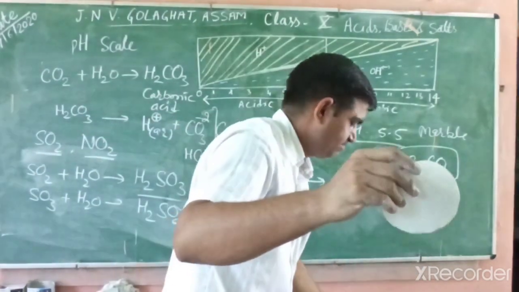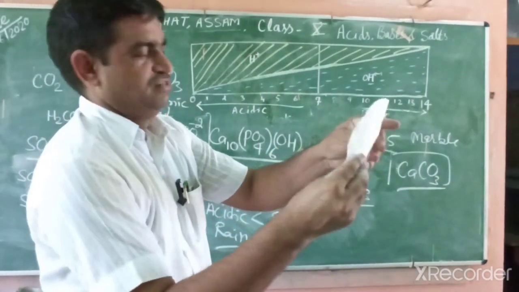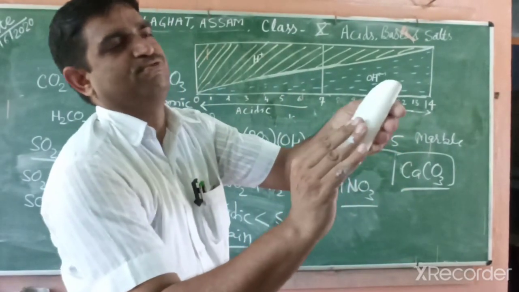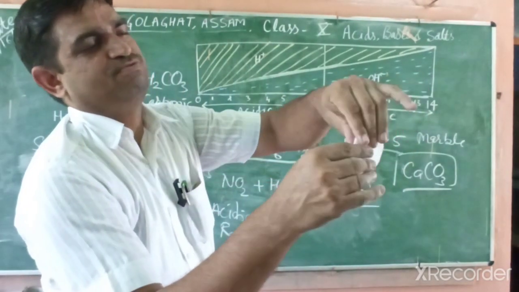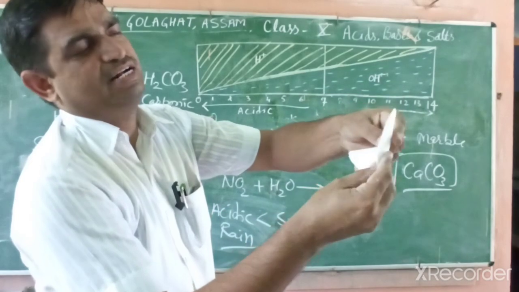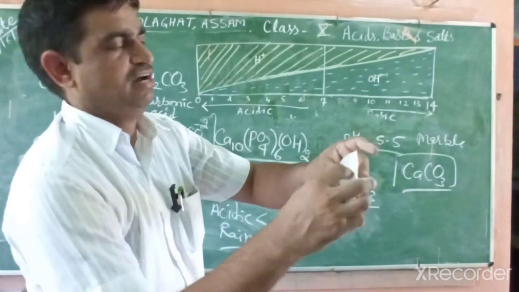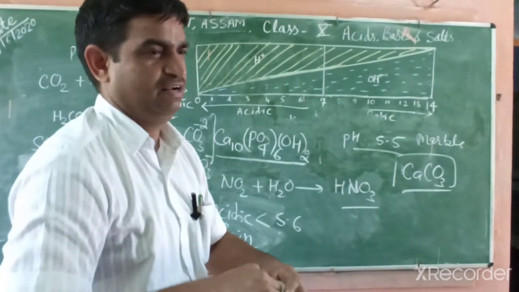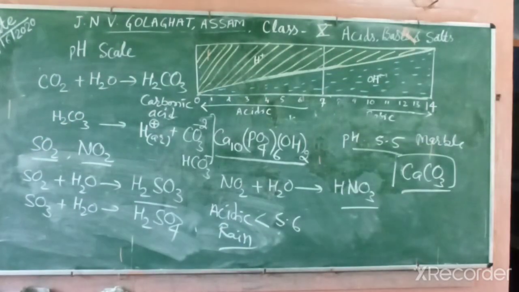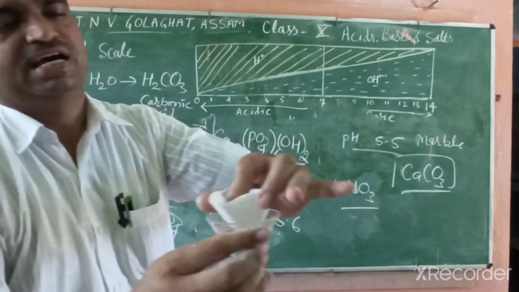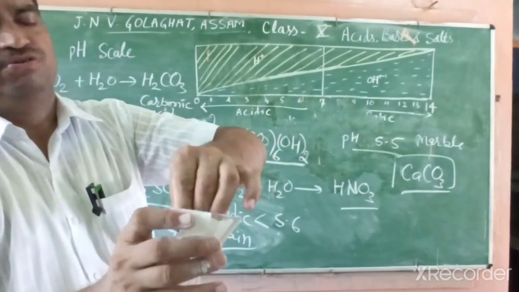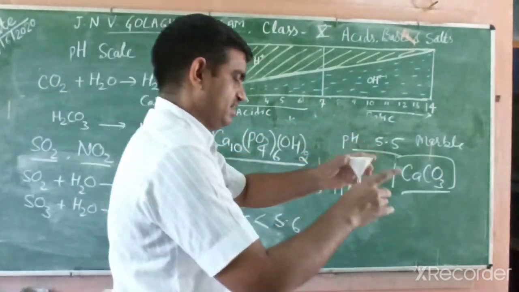We take a filter paper and fold it in this way. First we make one fold and then fold again, and then place it in a funnel like this. Then we can filter.